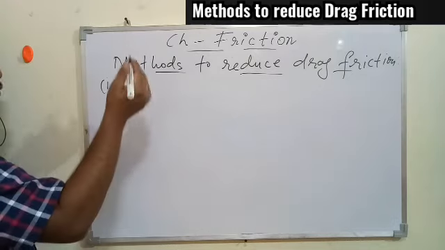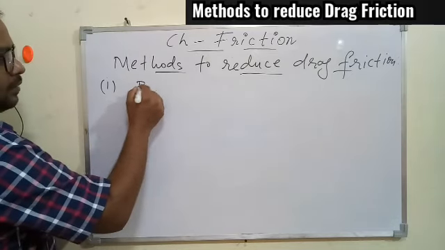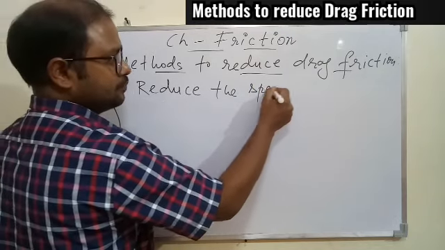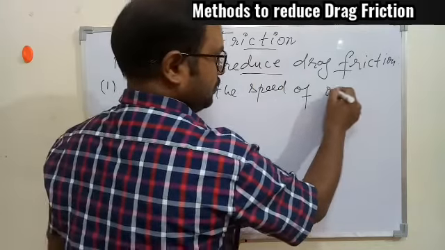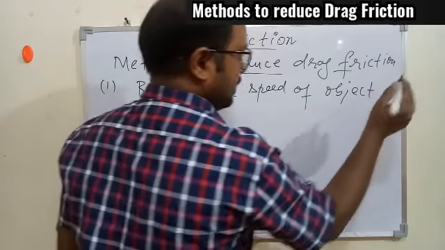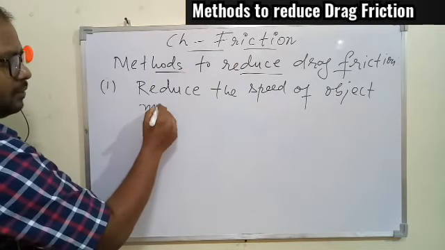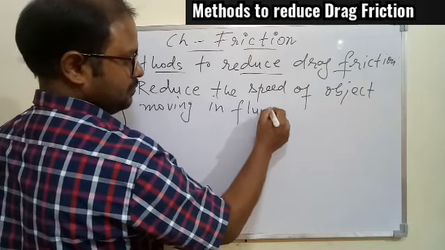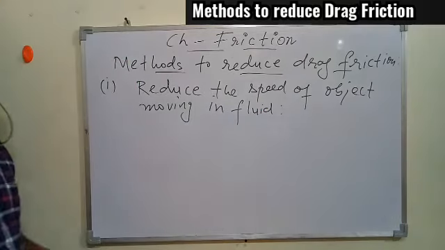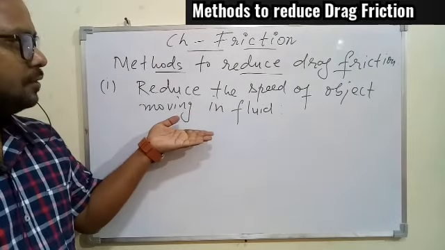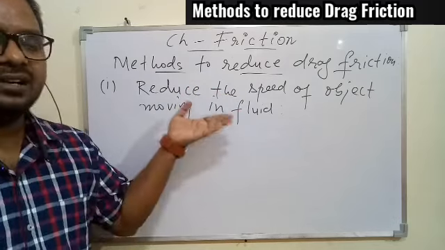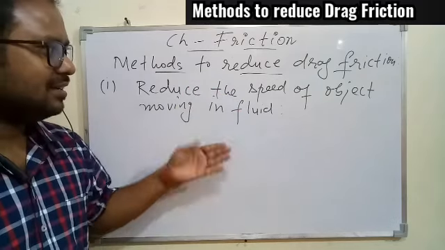So the very first method is to reduce the speed of the object moving in fluid. We understood in the previous class, the more the speed, the more the drag, and the less the speed, the less the drag.